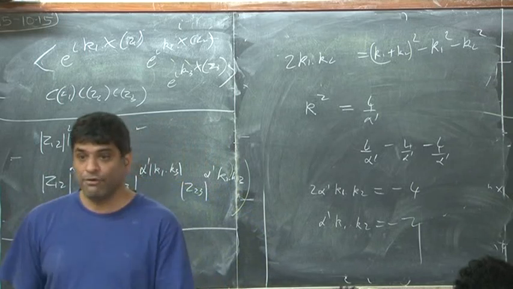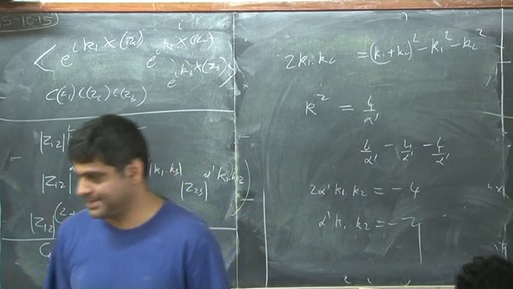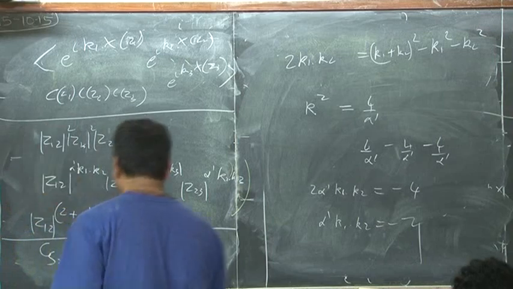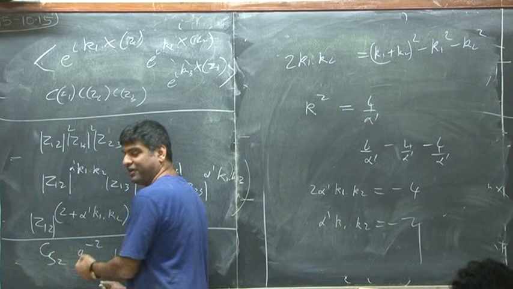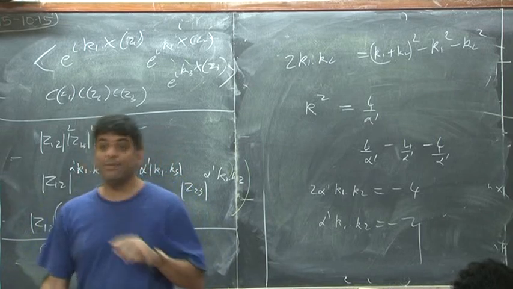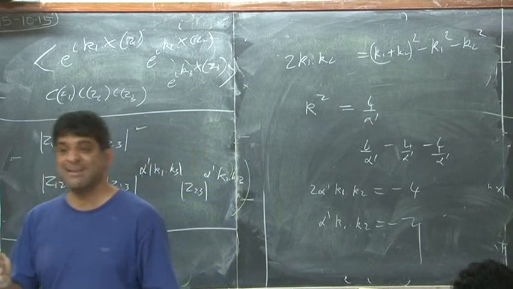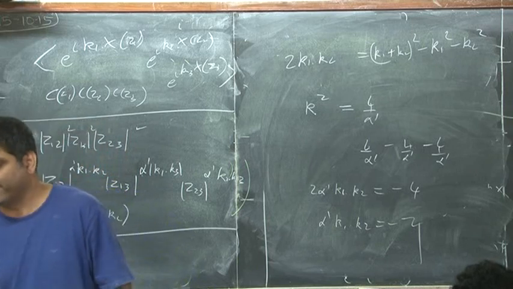Now, what we will keep track of carefully is relative factors, because we don't know what this determinant is. We don't know what this G naught is. But we do know that the determinant is the same for every sphere amplitude.